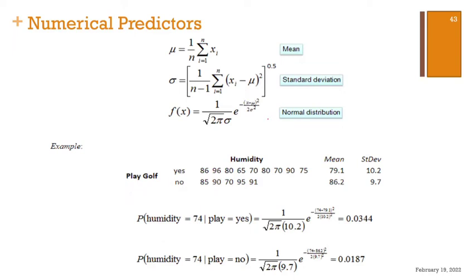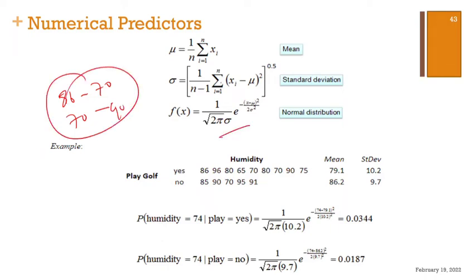Since you don't want to convert your data into groups, for example, a binning process would have said between 60 and 70, between 70 and 90, but we don't want to do that. We want to just assume that it's a normal distribution. Follow it, calculate the standard deviation, calculate the mean, and then use the formula to calculate the probability of humidity, given that it is yes.